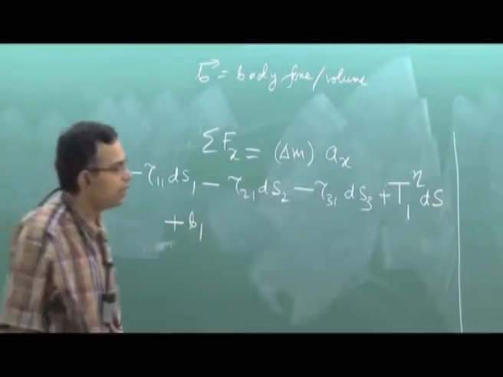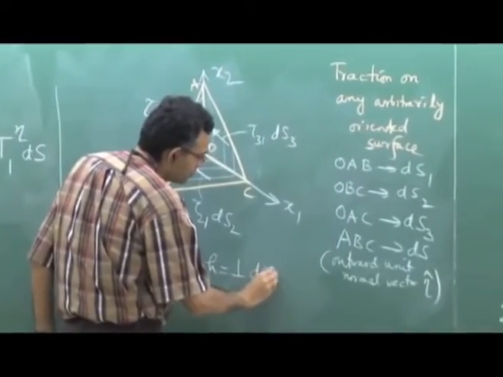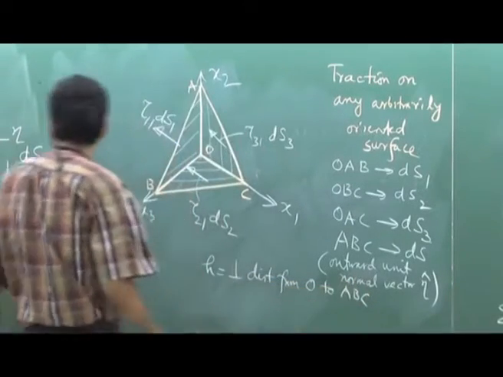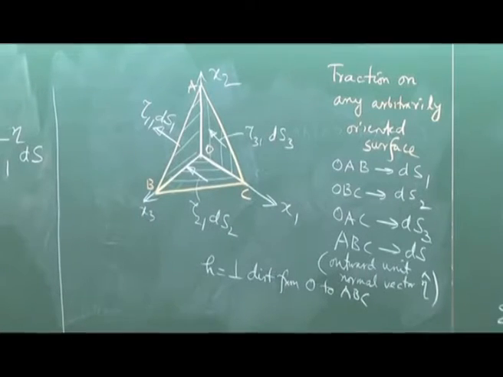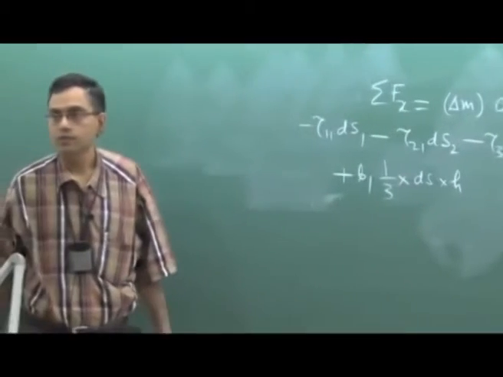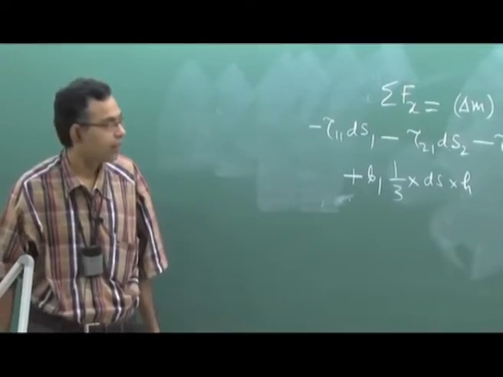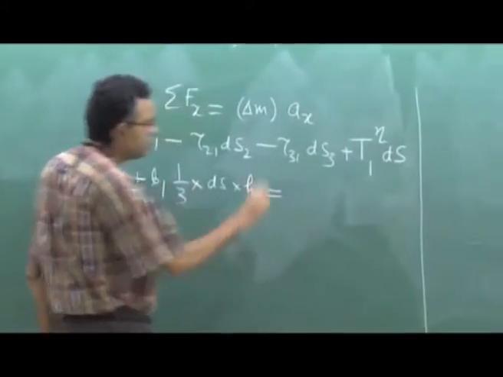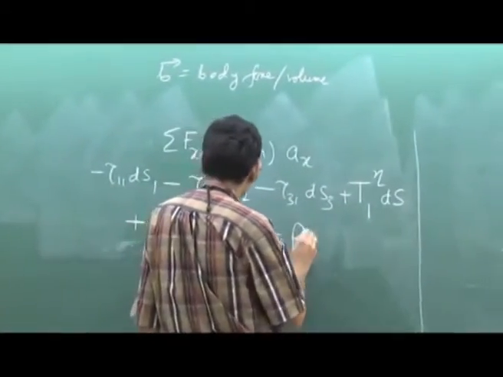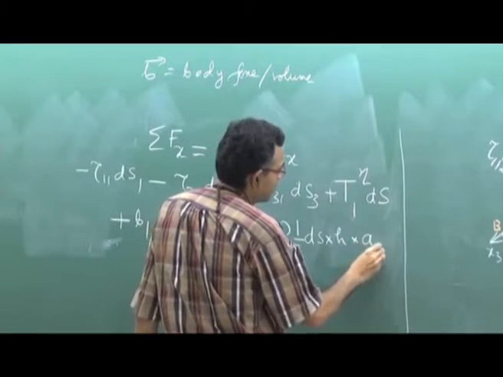What is the volume of this element? Let us say that h is equal to the perpendicular distance from O to ABC. So 1/3 into ds into h, that is the volume, right? h is the perpendicular distance from O to ABC. This is the resultant force. This is equal to what? The mass, rho into volume, into acceleration along x, A1.